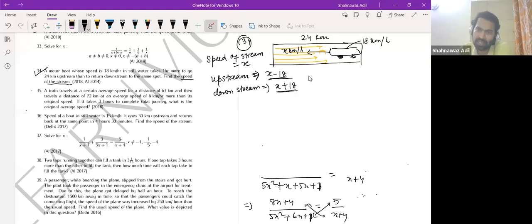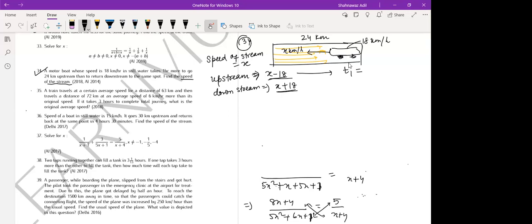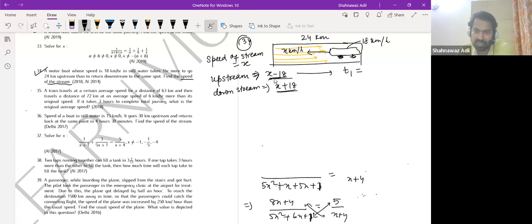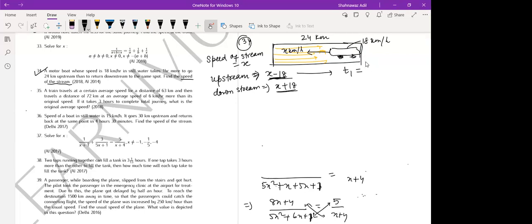So let's say T1 is the time upstream. We have the speed, and we are calculating time, so time is 24 divided by the speed.